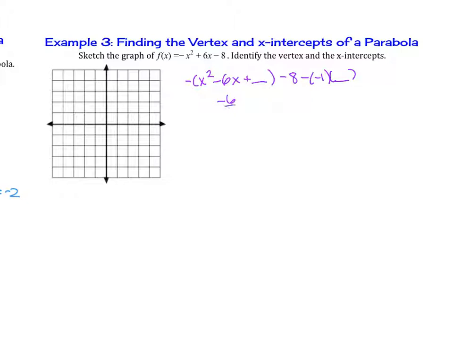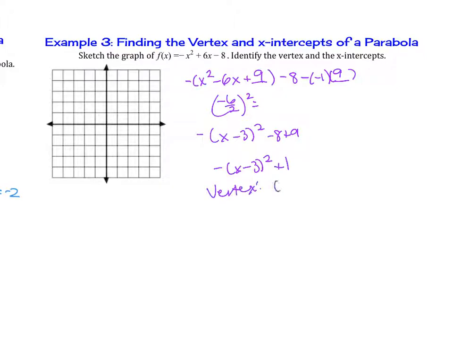So this is going to be -6 divided by 2, squared, which is going to be 9. So this becomes -(x minus 3) squared minus 8 plus 9. So this will be -(x minus 3) squared plus 1. So we know our vertex is at (3, 1).